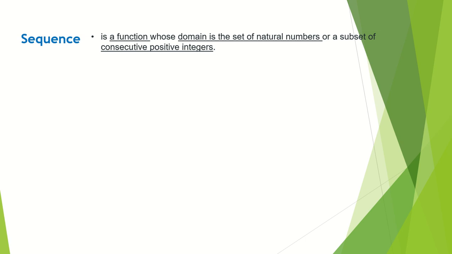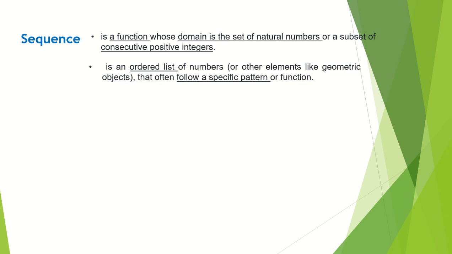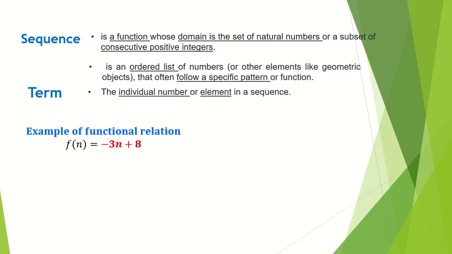It is also an ordered list of numbers or elements, like geometric objects, that often follow a specific pattern or function. That's why it should hold for all n, because it is a pattern. Every term means every individual number or element in a sequence. That is what we call a term.